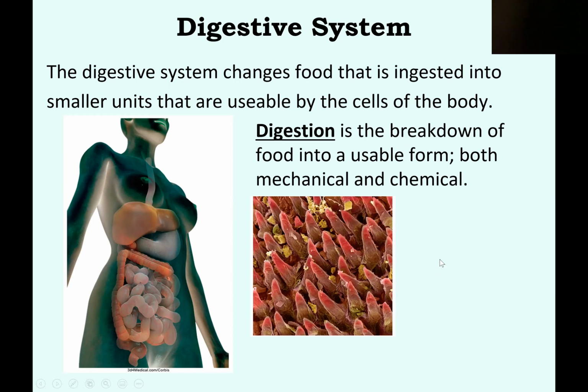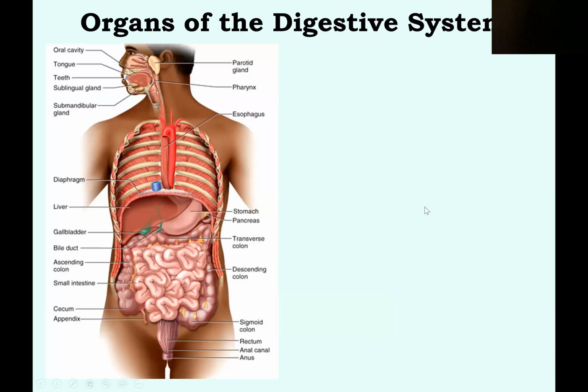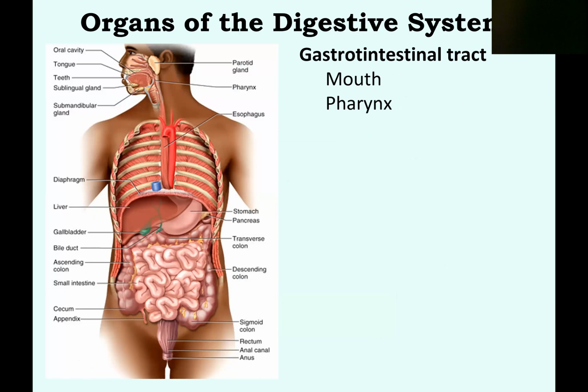All right, so we start with the organs. Here's an overview that you have in your chapter. In this system, the organs are divided into the gastrointestinal tract and the accessory organs. The mouth, pharynx.